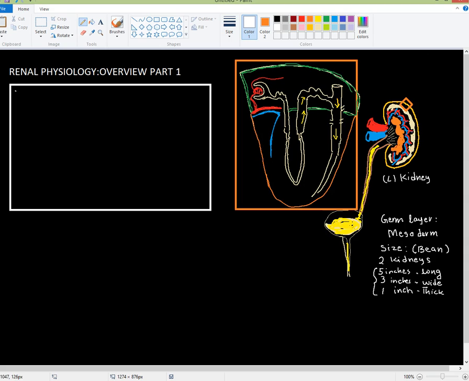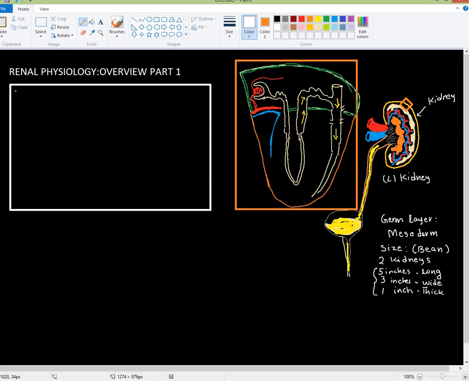Okay, so you can see I've drawn the picture here. So this is our kidney. Let's talk about the internal structure.